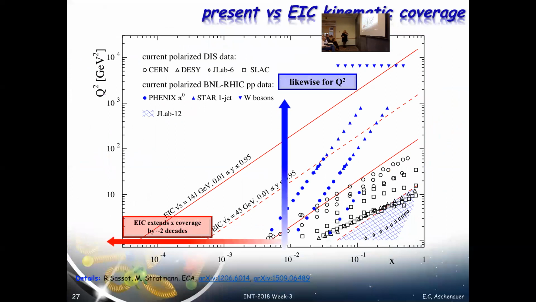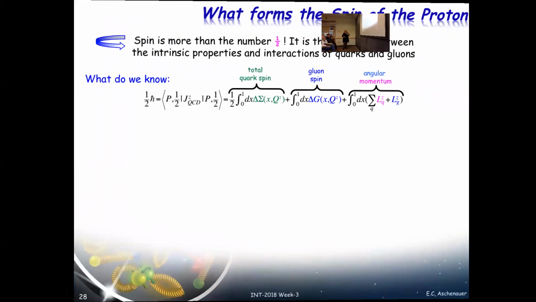So the EIC compared to the world data which we have here, that is a fixed target, the RIG data, the chats, and that is the W, can extend in X and in Q square always 2 decades at a fixed X and at a fixed Q square. So we will get an enormous increase in statistical power if we populate this.